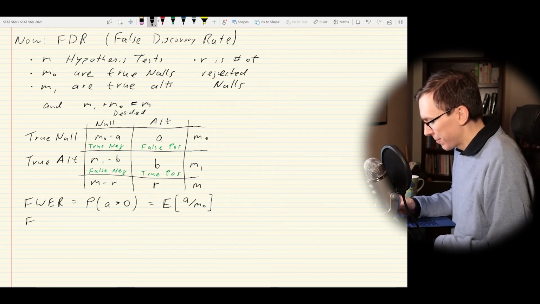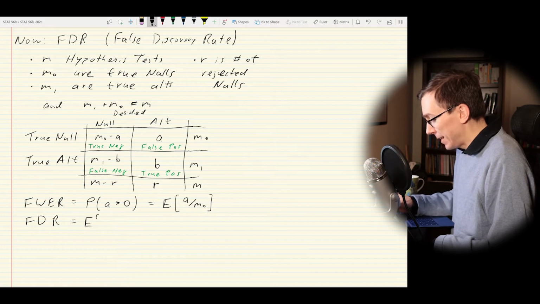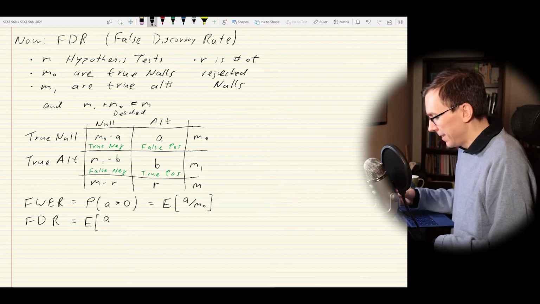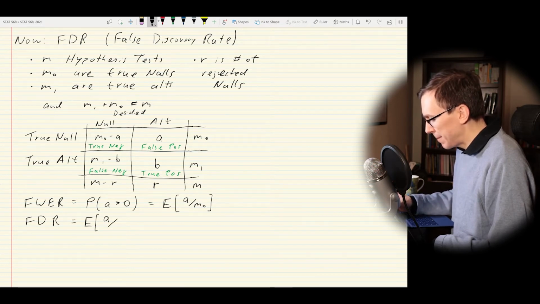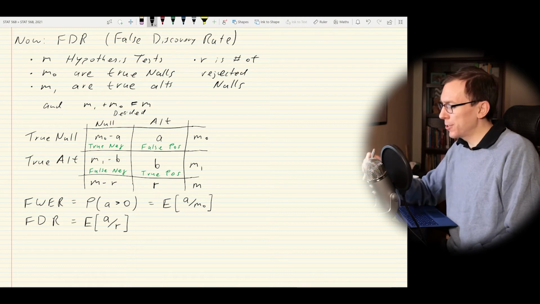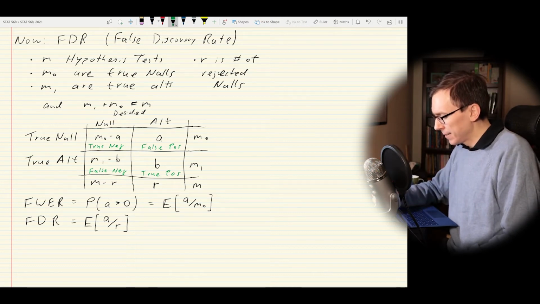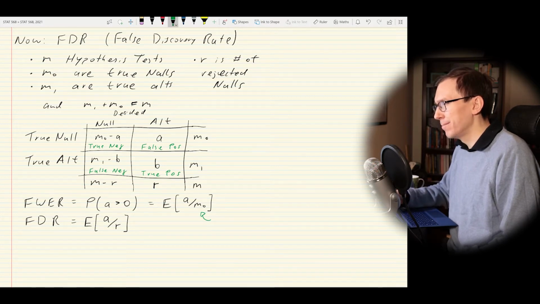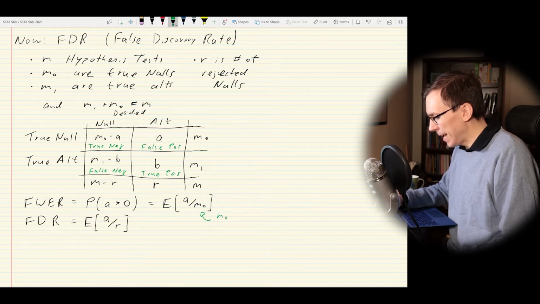Now, for the false discovery rate, we have something that looks almost the same, but we're changing the denominator. What we're going to say is that now we're going to have A, the number of false rejections, but we're going to divide by R, the total number of rejections. And mathematically, things become a little bit trickier because M naught, in our nice frequentist statistical setting, we would think M naught is fixed.